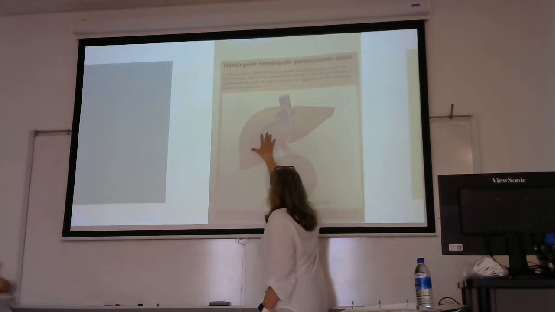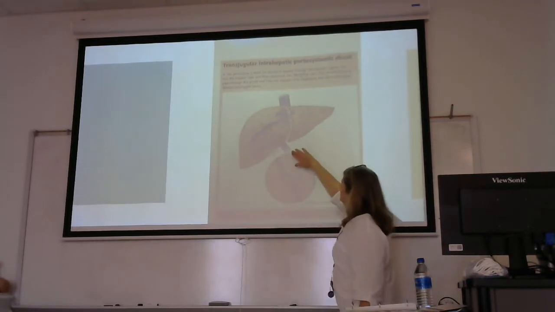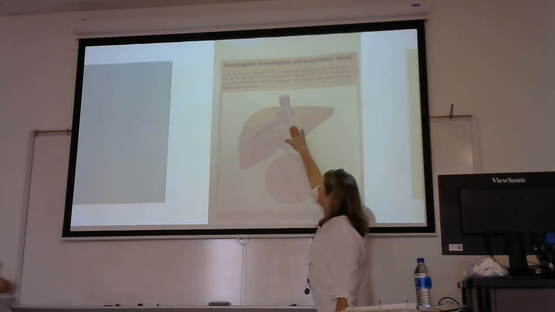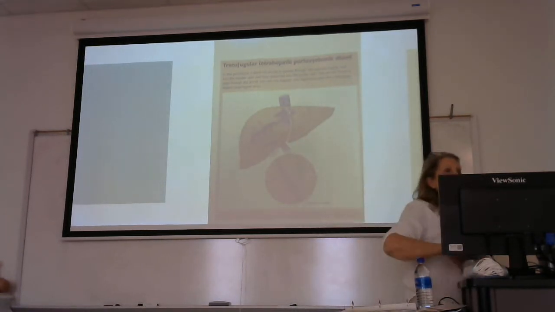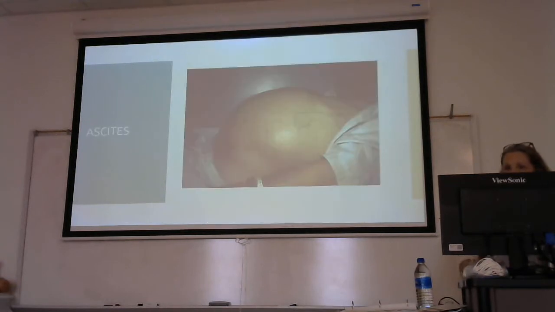So there is a procedure where they will go in and shunt the blood around the liver because the liver's not working, and that helps because those abdomens can get really big. That procedure is a TIPS, transjugular intrahepatic portosystemic stenting. Y'all got it?